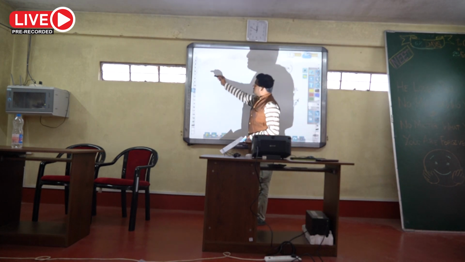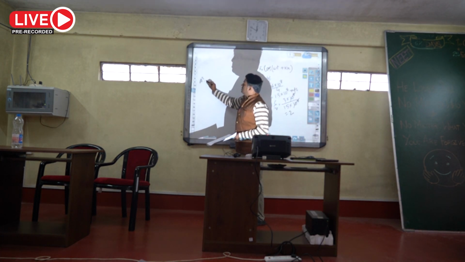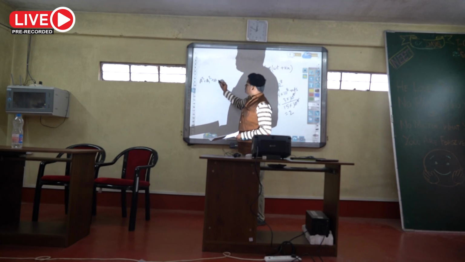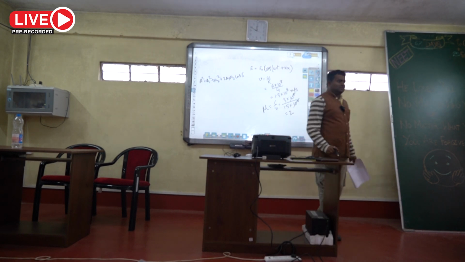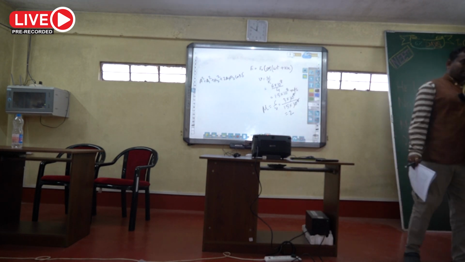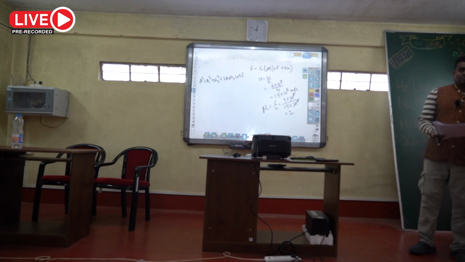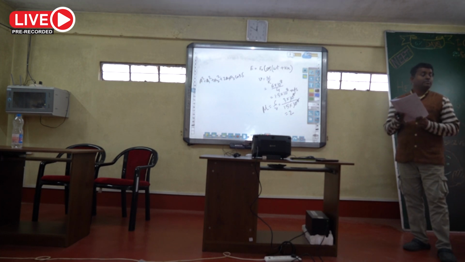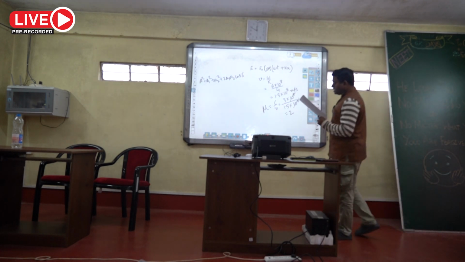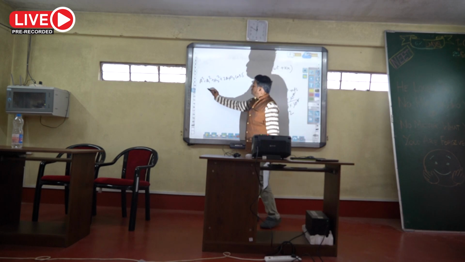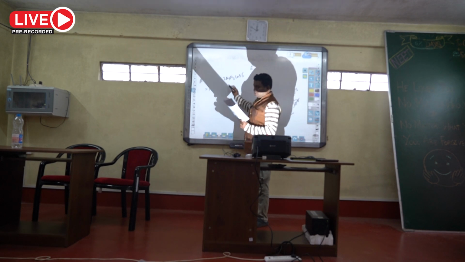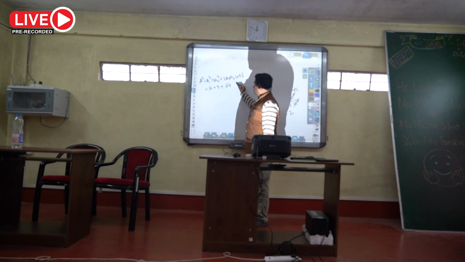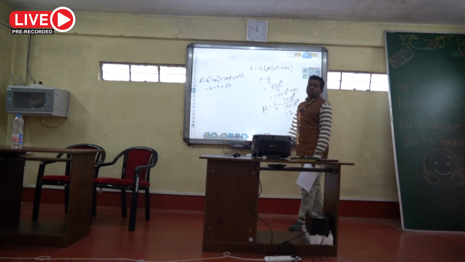See, you can use simply this form: A square equal to a1 square plus a2 square plus 2 a1 a2 cos delta. Where delta is the phase difference, that is given pi by 3. a1 a2 given, a1 is 4, a2 is 3. So a1 square means 16, 9, 2 into 4 into 3, 24 cos pi by 3 means cos 60.